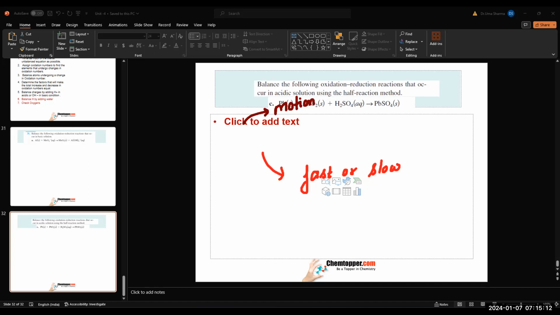They need years and years to happen. Some reactions are very fast. They can take place within microseconds. Other reactions are very slow. They need plenty of time. So kinetics is going to make you understand that. Fast and slow means you are measuring time, how much time, right? So this we are going to understand in terms of rates of reactions. So in kinetics, you will be learning rates of reactions.